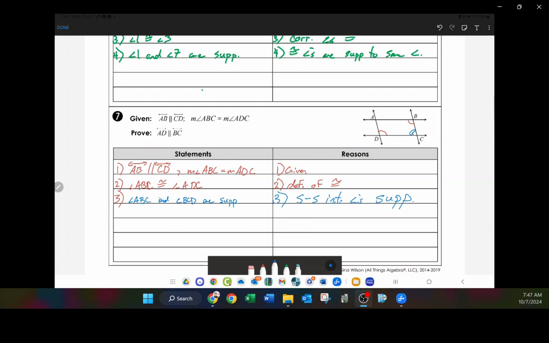Now, if ABC and BCD are supplementary and ABC is congruent to ABC, then I can state that angle ABC and angle BCD are supplementary because congruent angles are supplementary to the same angle.